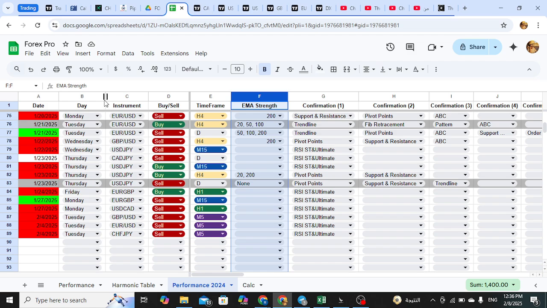In my point of view, it's part of a triad, three very important numbers. The first number we talked about in the previous video, which is how much exposure you are willing to take with every trade, the risk per trade.